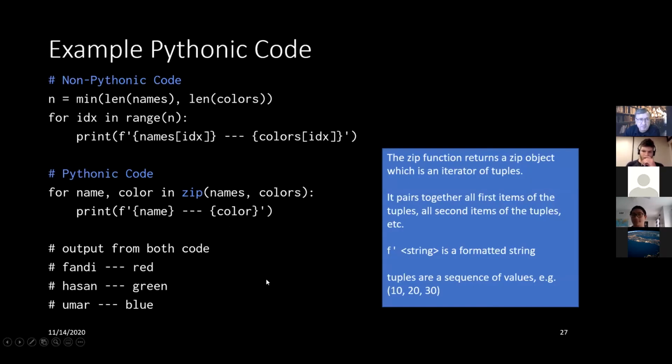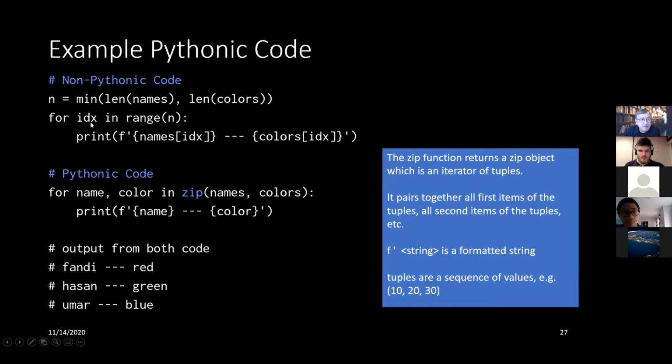So here's an example of non-Pythonic versus Pythonic code, or what they call unPythonic. Okay, what we want to do is, we have a set of names and a set of colors, and we want to pair them up.